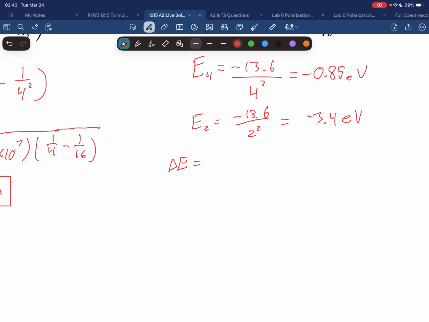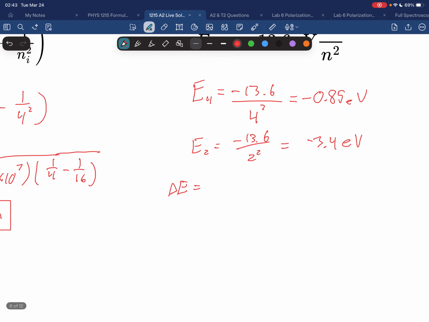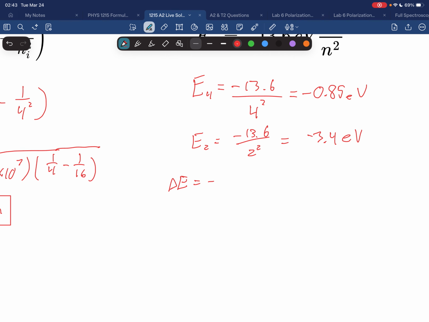So here I'm going to have negative 0.85 minus negative 3.4. And so this is going to be equal to 2.55 electron volts, the change in energy.